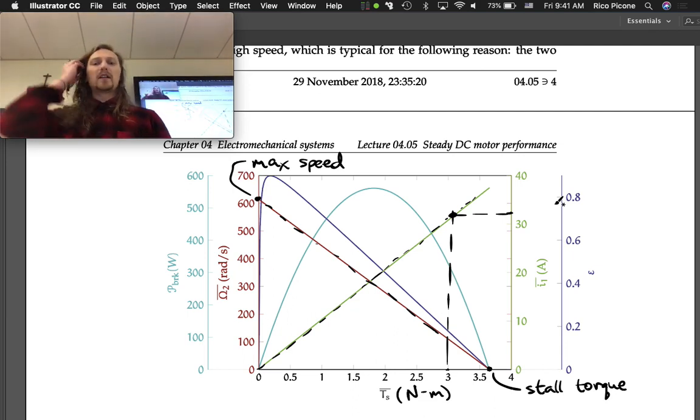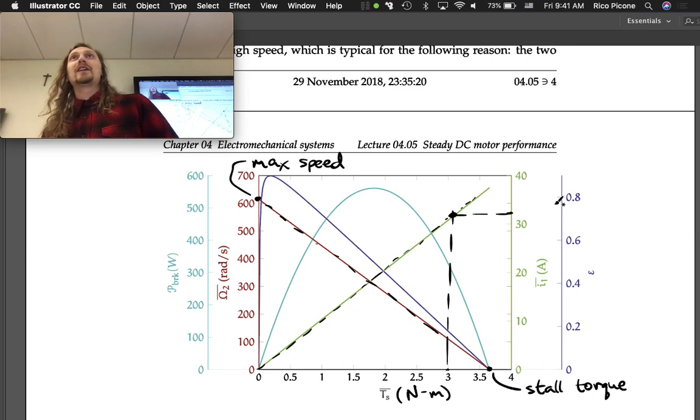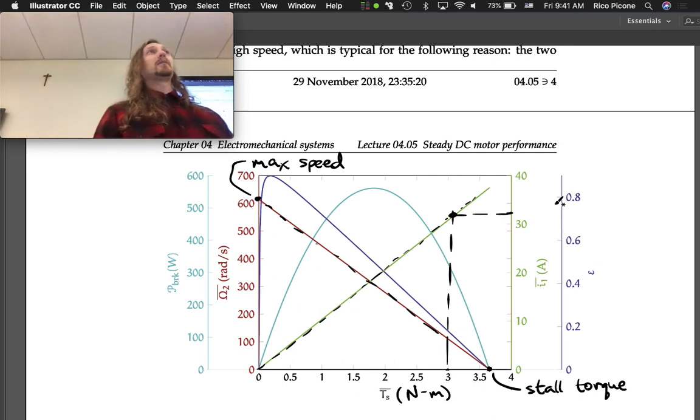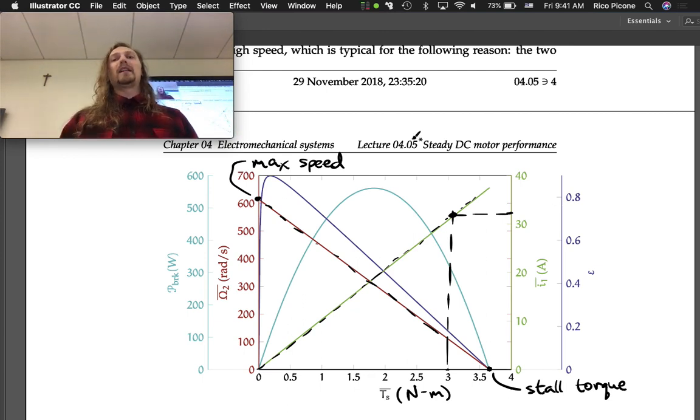So that's another thing to think about, is when you have this high torque and low speed, you also have high current. Okay? So for heating purposes, that's pretty important. Also for power delivery from your source, if you can deliver that much. Also, you could violate especially your continuous current rating on your motor. So current ratings on motors, like we saw, had temporary current ratings, which were much larger.